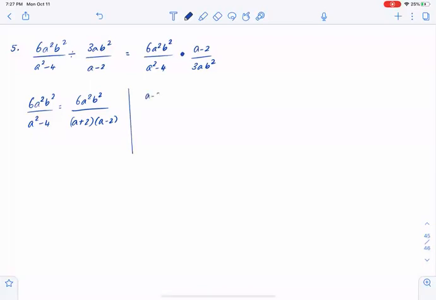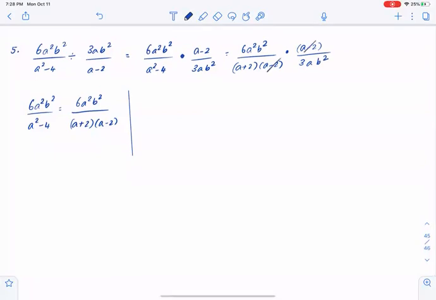The second rational expression, we just keep it because we cannot factor. So I'm going to rewrite the first rational expression, 6a squared b squared divided by a plus 2 times a minus 2, multiplied by a minus 2 divided by 3ab squared.